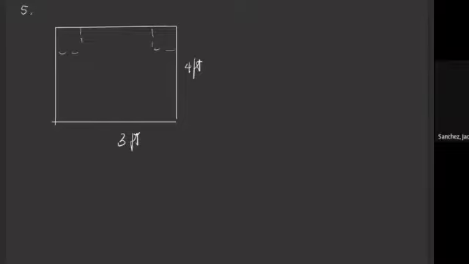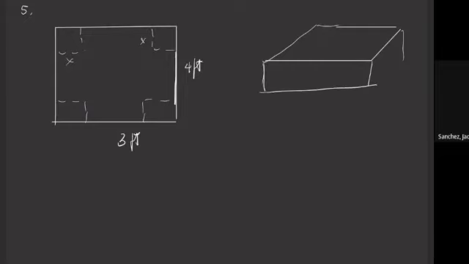So let this side of this square be equal to x. So let this be x, this one should be x. Ika-cut mo yan sa 3 by 4. Para when you flip this side here up, you'll form an open box. Somehow it should be like this. And once you flip this upwards, you will have a height equal to x.